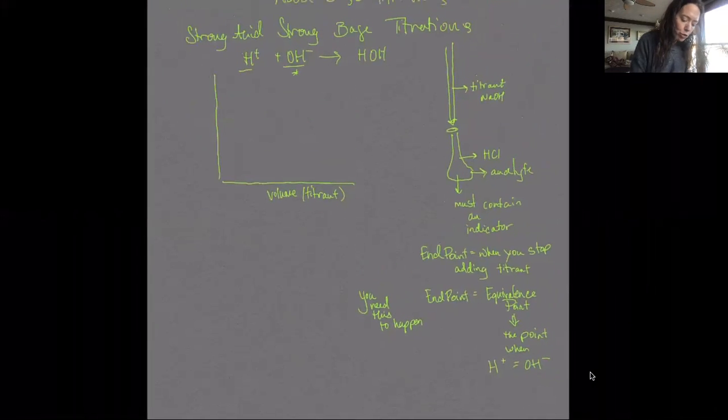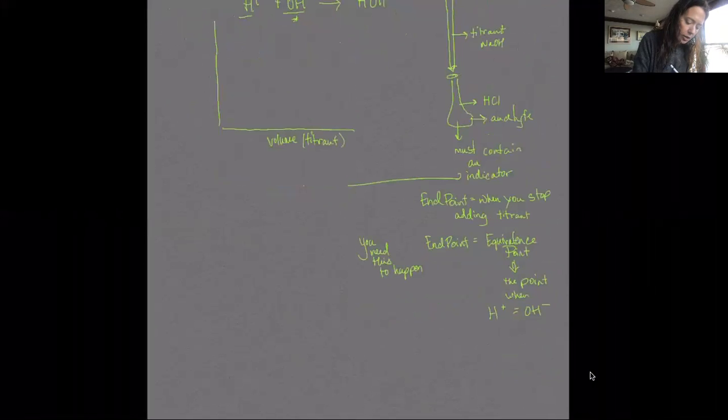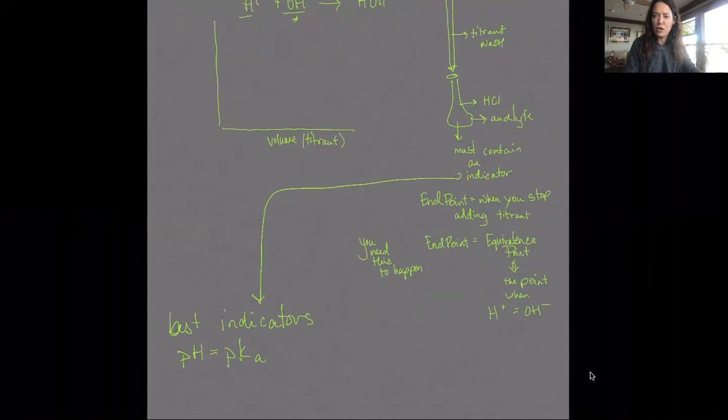Now, you choose an indicator. The best indicator has a pH equal to the pKa. All right. That's how you're going to choose your best indicator.